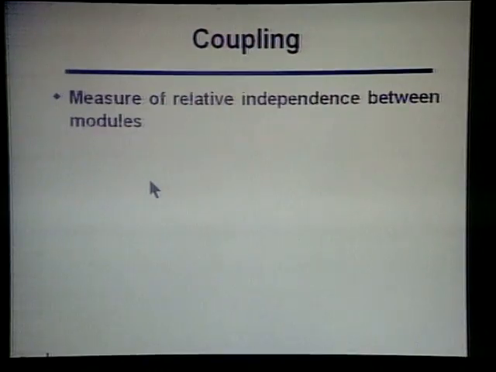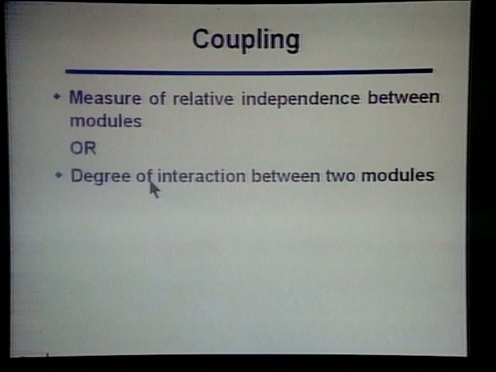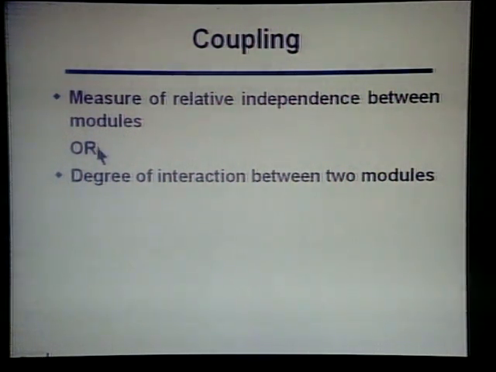The second measure that we use to determine the functional independence of module is called coupling. Formally, coupling is a measure of relative independence between modules, or the degree of interaction between two modules.